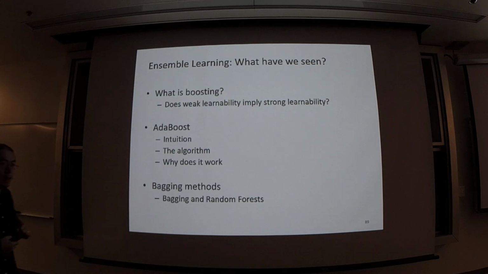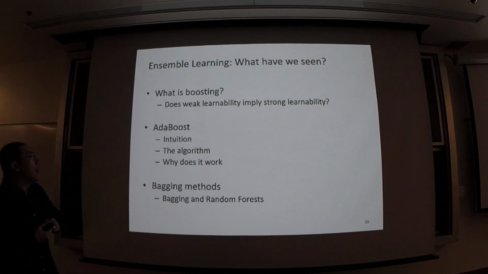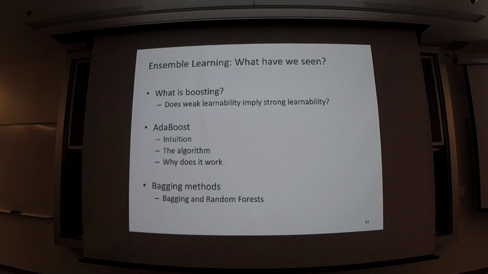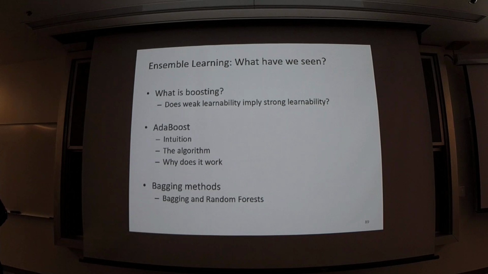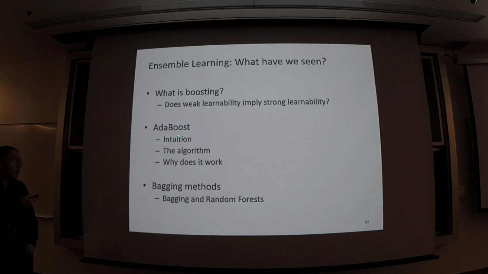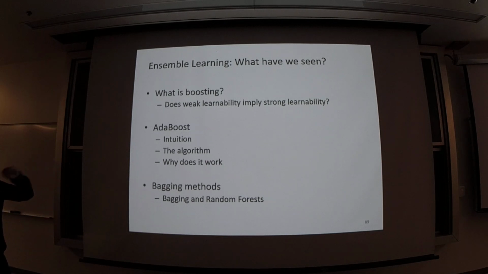So now we have finished this topic, ensemble learning. To summarize, first the idea of boosting. Boosting was motivated by computational learning theory, from the result that weak learnability implies strong learnability. Motivated by this theoretical problem, people developed the practical algorithm called AdaBoost, a very widely used and very successful algorithm.